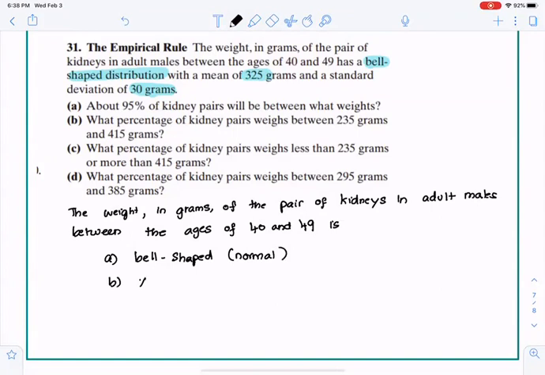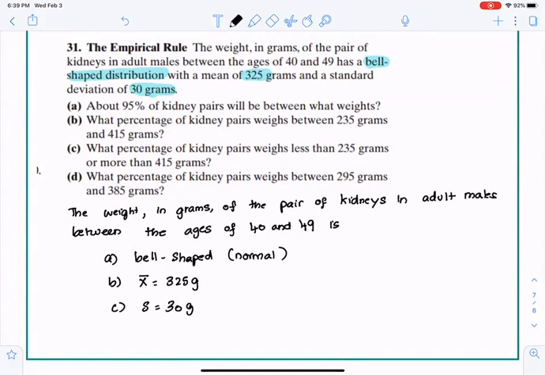Two, the mean is 325 grams. Three, the standard deviation is 30 grams. First, some wouldn't want to draw the normal curve and would jump directly into solving the problems, and some would like to draw the bell curve and then proceed from there.